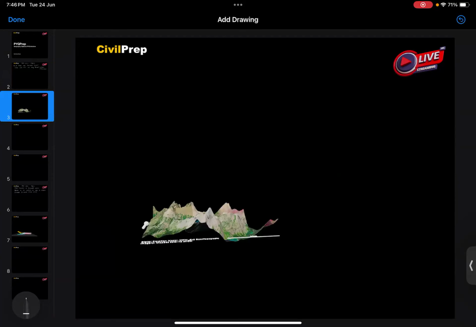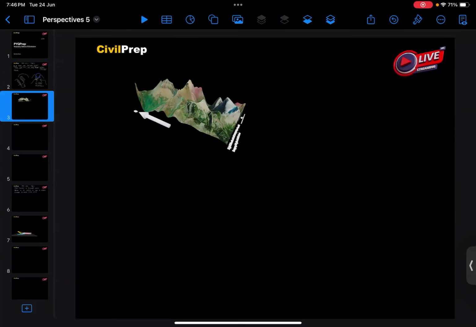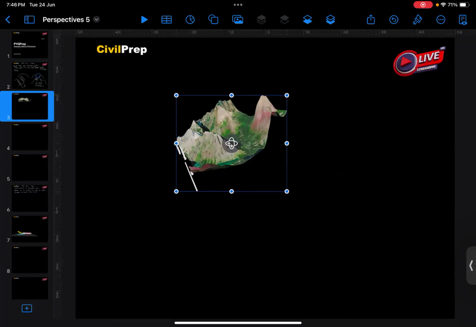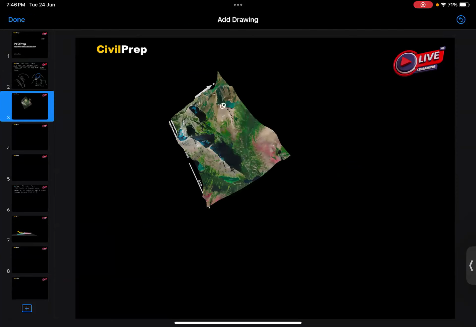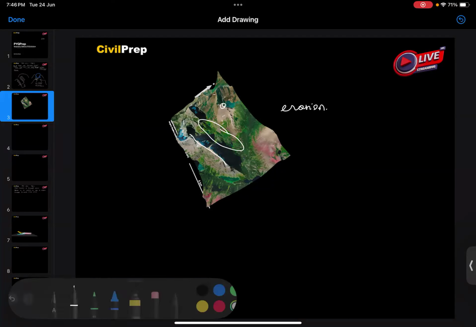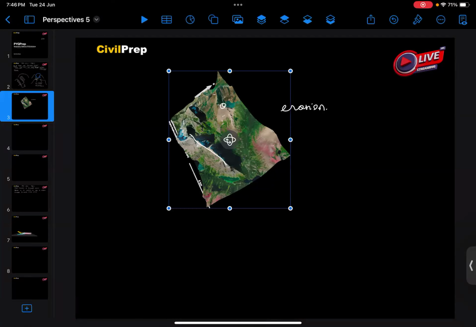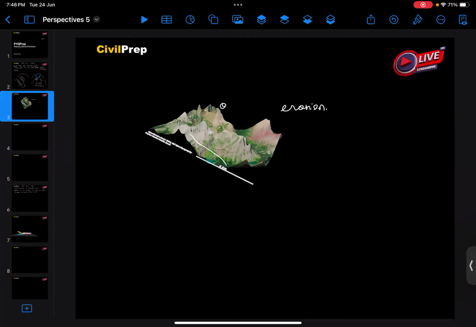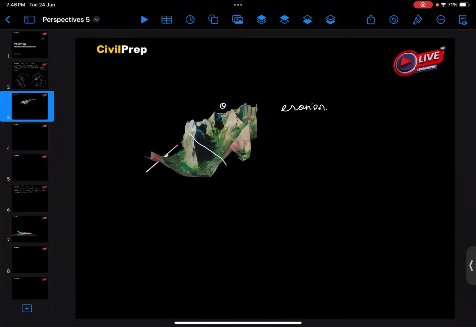If we look at this 3D model, we will be able to understand this condition in a better way. Here we can see the presence of mountains: this is a mountain and this is another mountain, and because of the glaciers there has been erosion here. If we analyze this, we can see a hanging kind of structure.